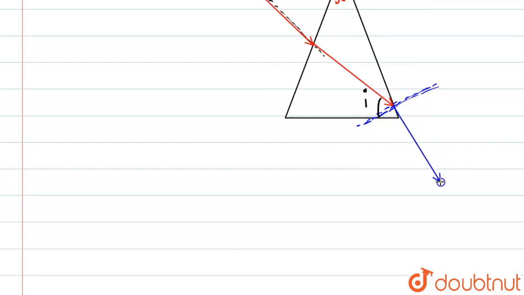Normally it would have come out absolutely like this. The whole angle is the emergent angle, and this is basically the deviation. So I explained it with the diagram.